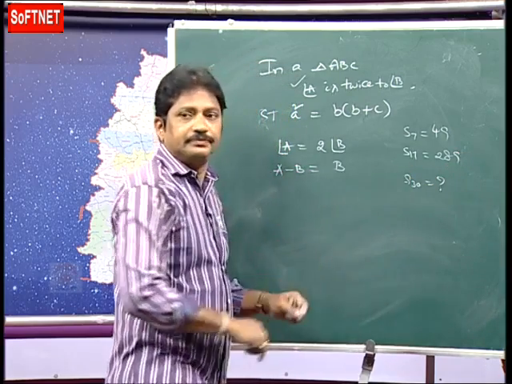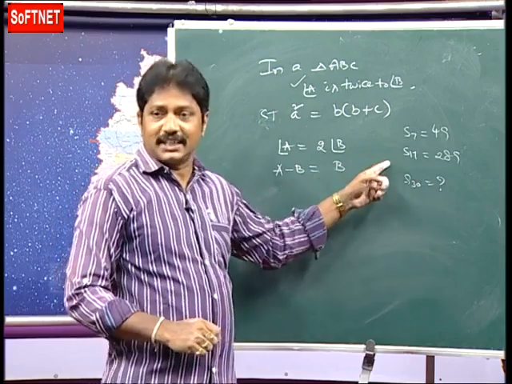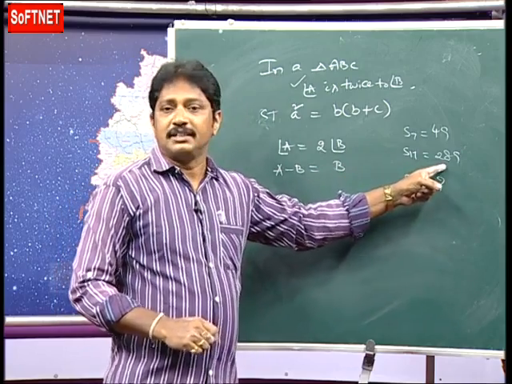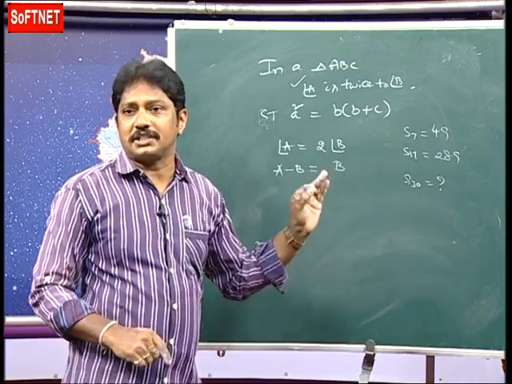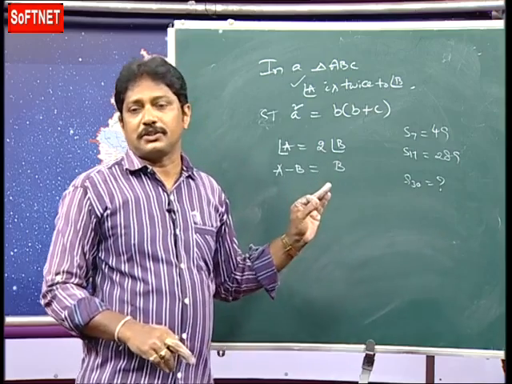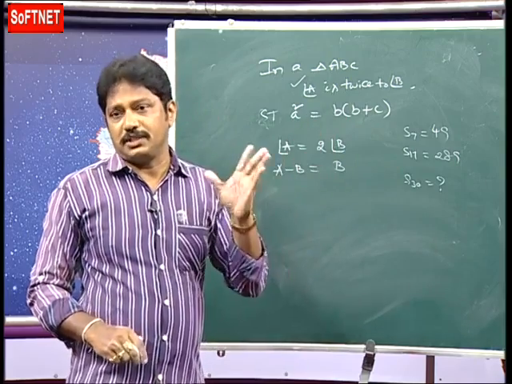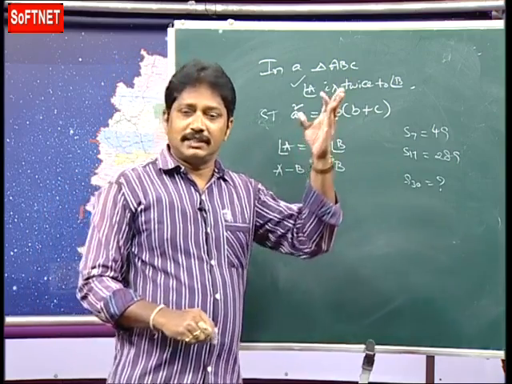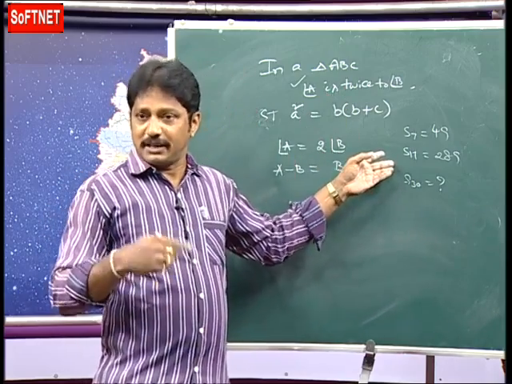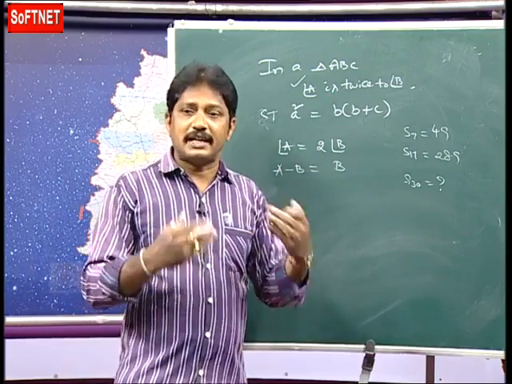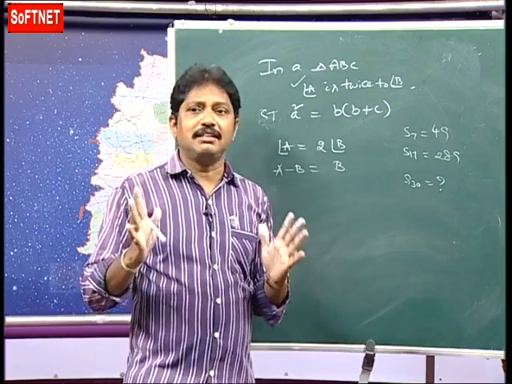The actual procedure is to use the formula for the sum of n terms, n by 2 of 2a plus n minus 1 into d. You get one equation in terms of a and d, then another equation using S17, solve those, find the values of a and d, and finally find S30. That is a lengthy method.